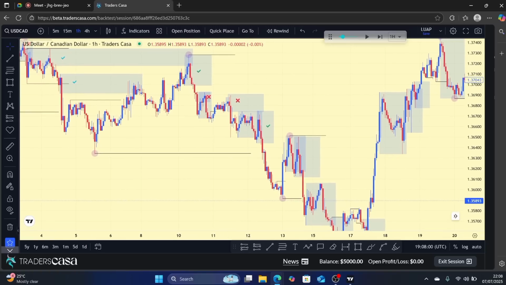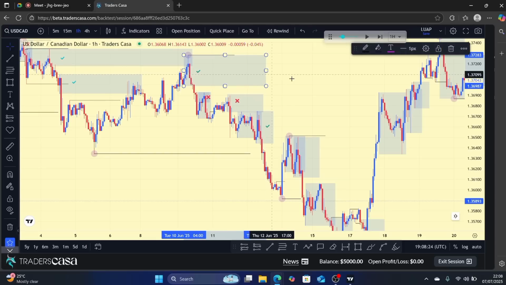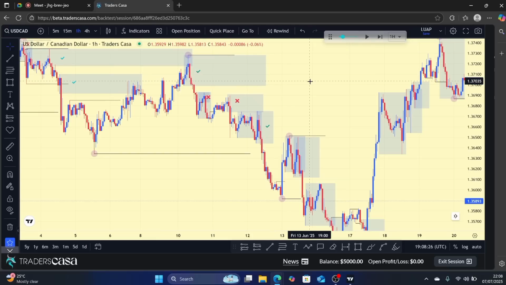But now, since I have identified the unmitigated ones, let's say there are more than two, let's say three, four, or whatever the number. We said you identify the one that is on the extreme. This is easy to identify. You just go to the extreme of the trading range and find the order flow that is unmitigated, then that will be a valid order flow.